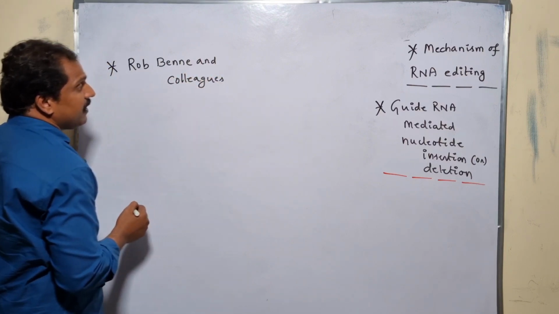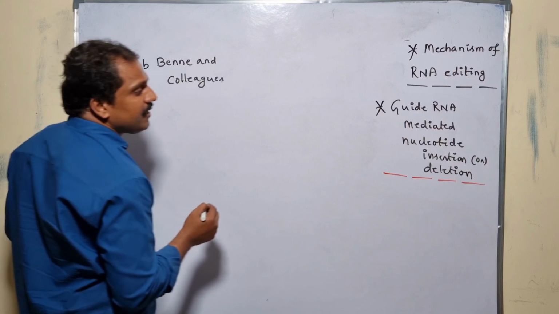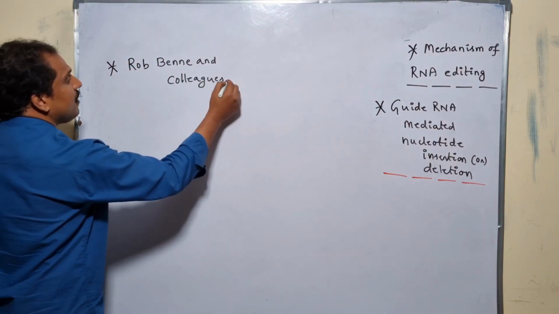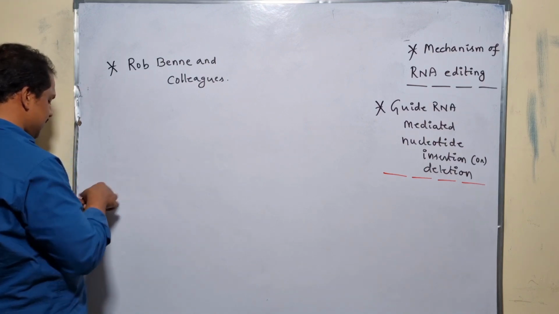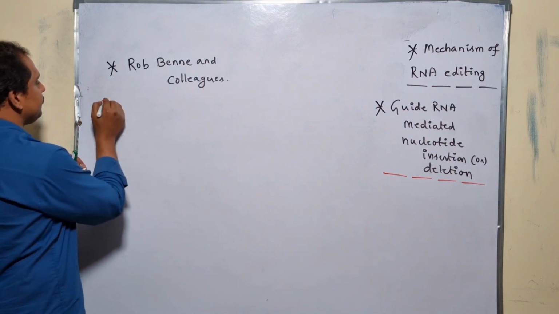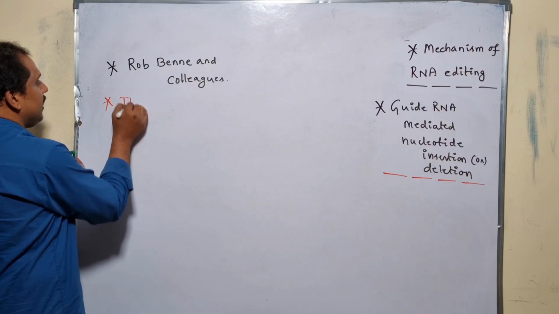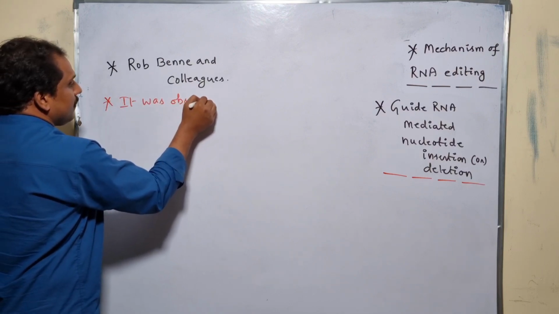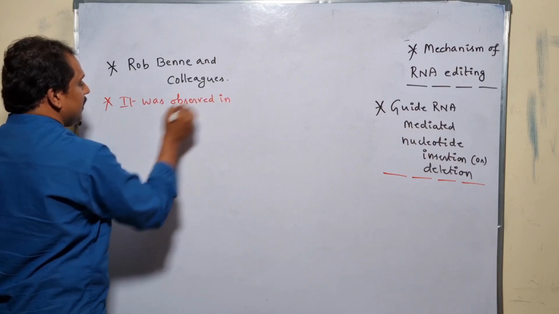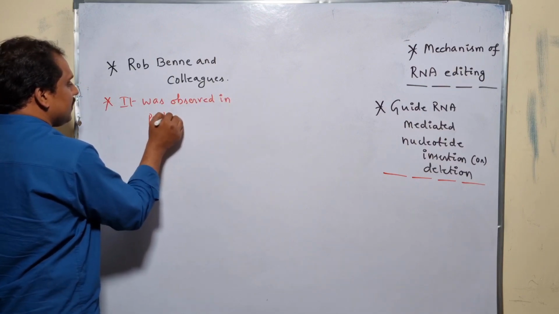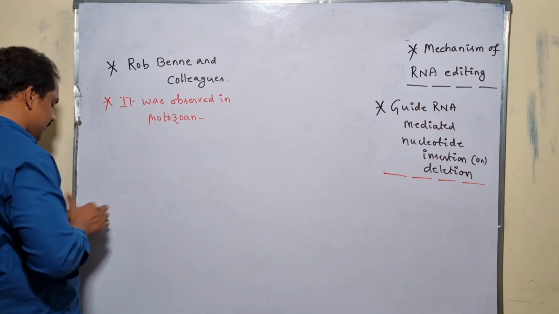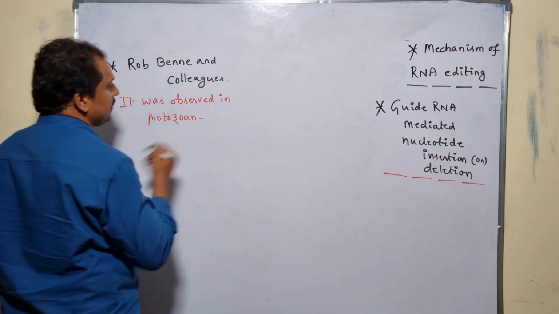They have identified the guide RNA mediated nucleotide insertion or deletion in a specific protozoan, Trypanosoma brucei. It was observed in the protozoan Trypanosoma brucei.